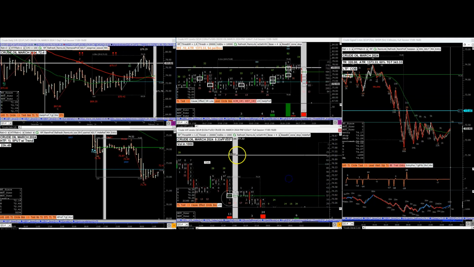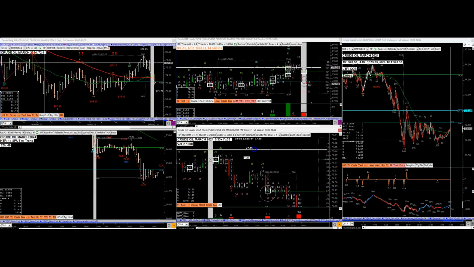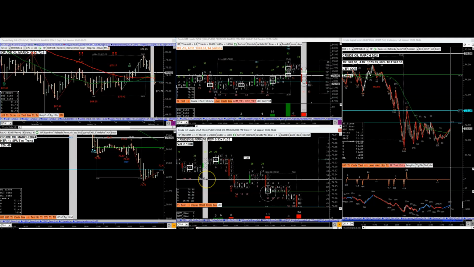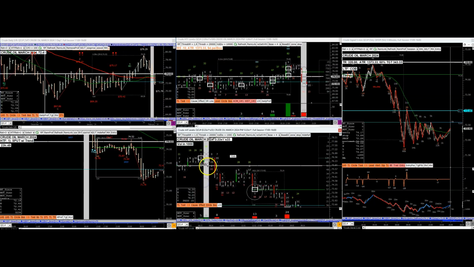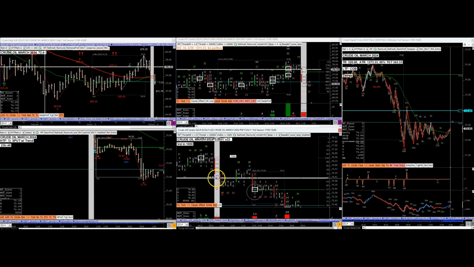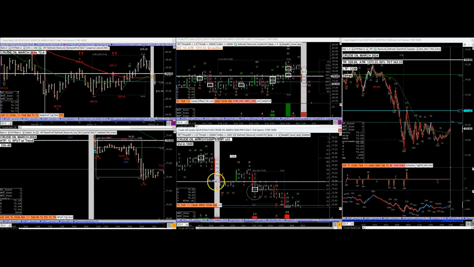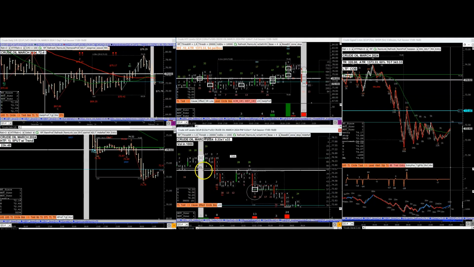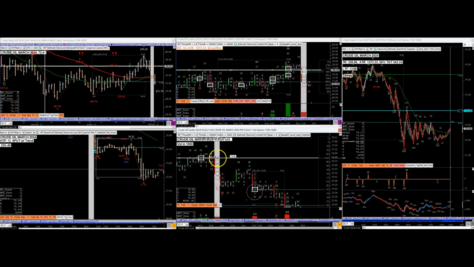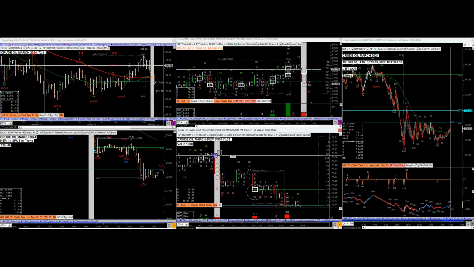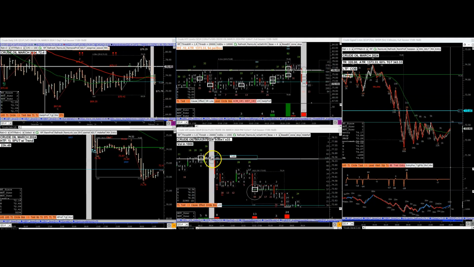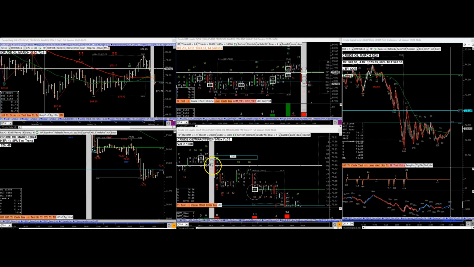All right, so where do I start? Crude had this lower low, right? This lower low rally. And what we see is we have 19 up here, so this is definitely a good level, but it's pretty high up. I don't know if the retracement is going to go up there. So after that, we have a 5, not that great.